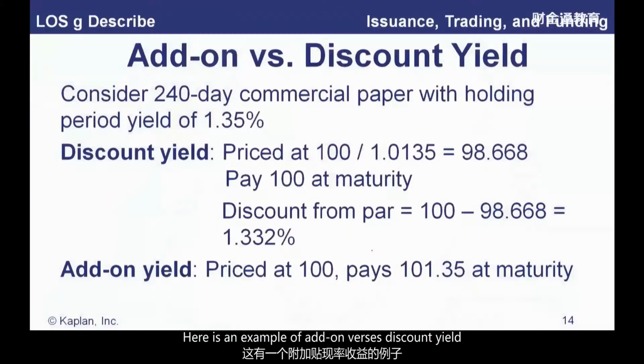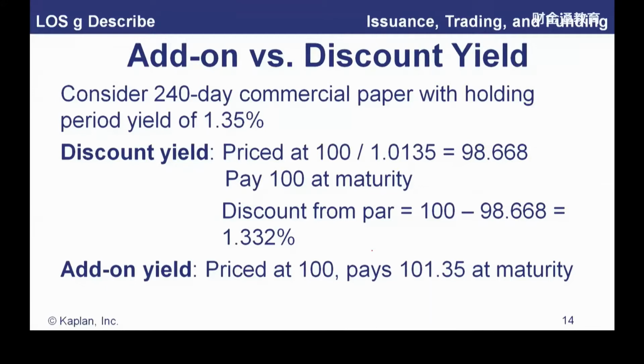Here's an example of an add-on versus a discount yield. We're going to consider a 240-day commercial paper with a holding period yield of 1.35%. And so the way we would price that at a discount, given that yield, is to divide, we're really looking at 100 here, 100% of face value, and we divide that by 1 plus the interest rate.